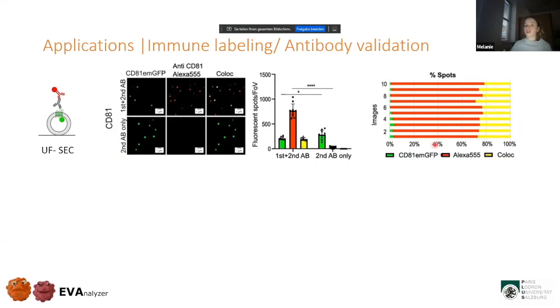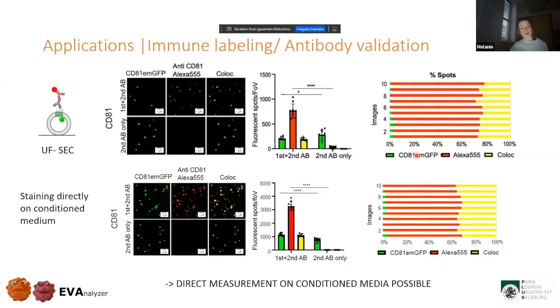Additionally, we get a large proportion of spots that are CD81 positive, but have no GFP. This can easily be explained because there are a lot of cells that are not transfected, and they also have an inherent CD81, so this is well explainable.